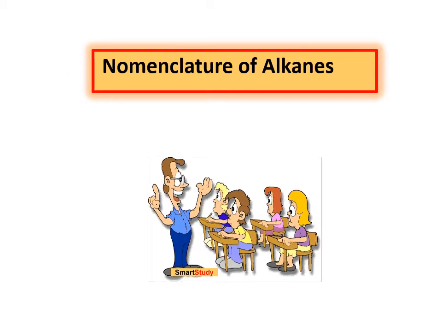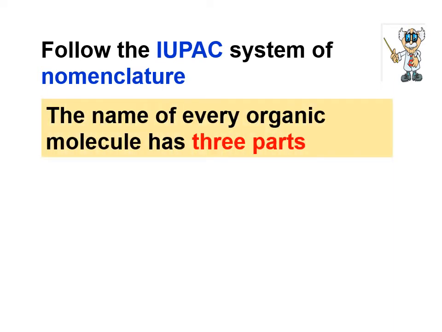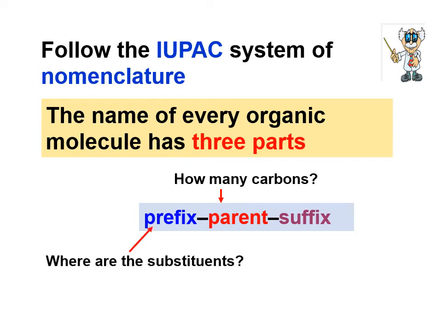Nomenclature of alkanes. The name of an alkane follows the IUPAC system of nomenclature. The name of every organic molecule has 3 parts: prefix, parent, suffix. Parent: how many carbons? Prefix: where are the substituents?